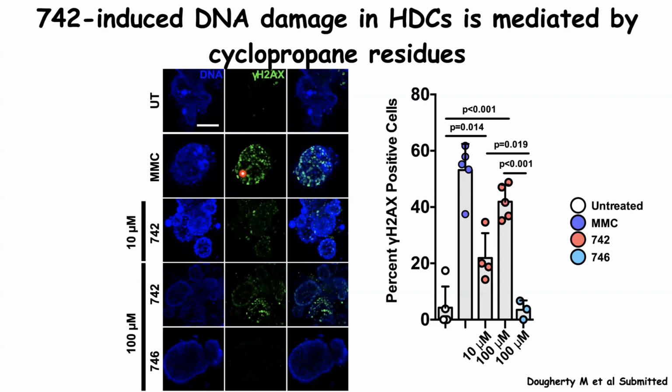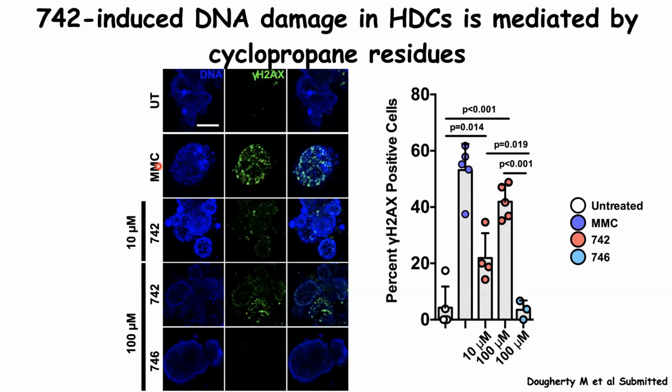Remember, I told you this molecule with the cyclopropane binds to adenine of the DNA and cross-links DNA. And the cells need to resolve this cross-link. And what it does, it cuts the DNA, creating double-strand damage. And this gamma H2AX is a marker of DNA damage.